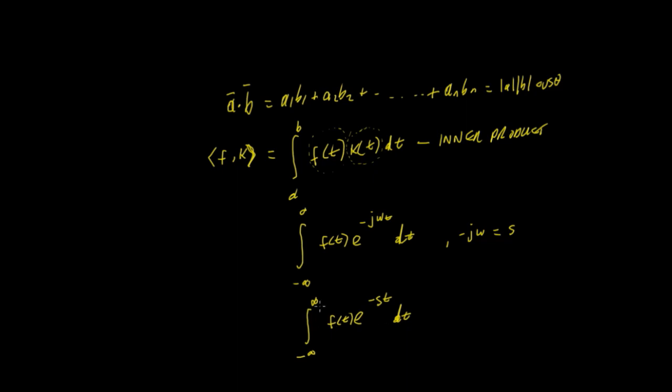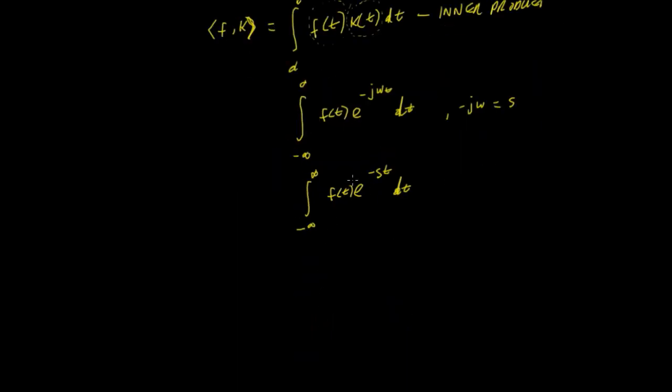Now what we would then say is that we have a function k, so I'll just put the brackets, the function k equals e to the minus st. That's a function of the variable t. Now this s here, which in effect is our j omega for the Fourier transform, is our parameter.